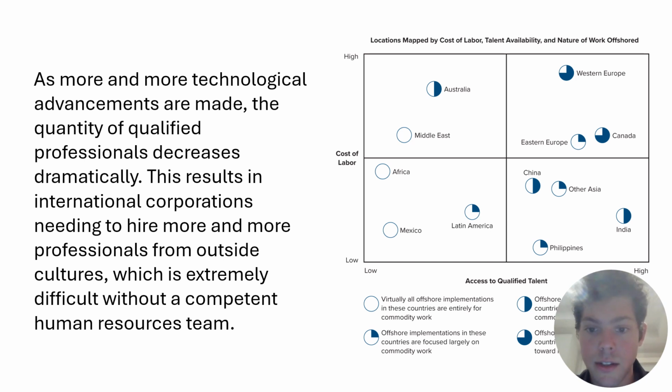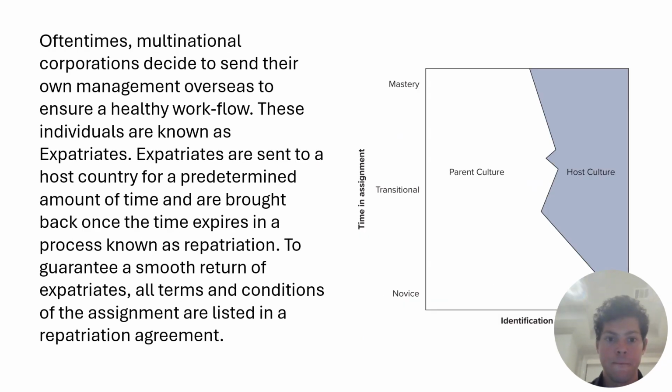As you can see in this graph I put in on the right, this shows the quality of the talent hired and the cost of their talent. So the countries that have very low costs tend to have very low quality, and vice versa. The ones that have a very high cost tend to have very high quality.